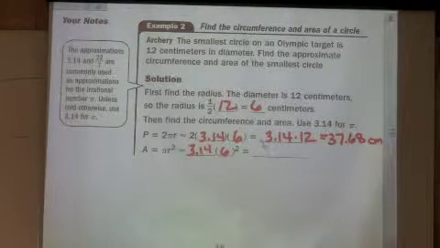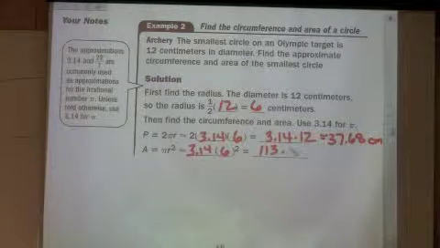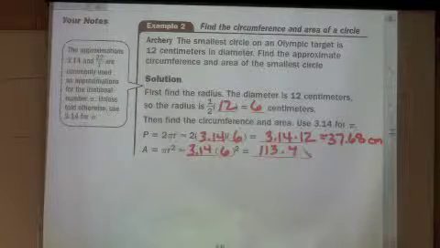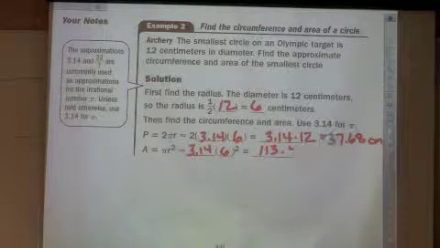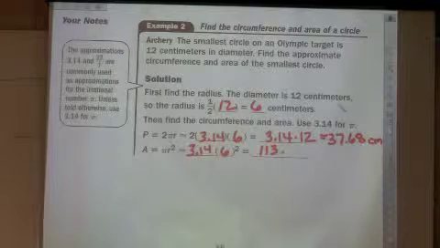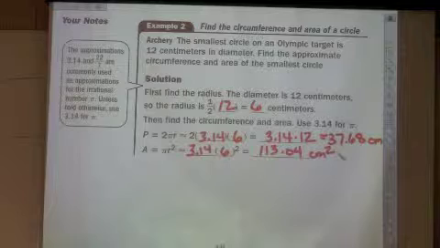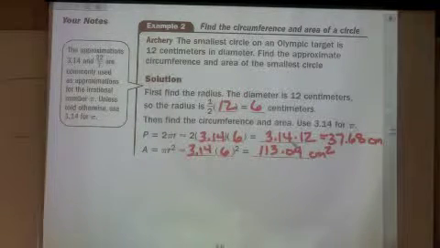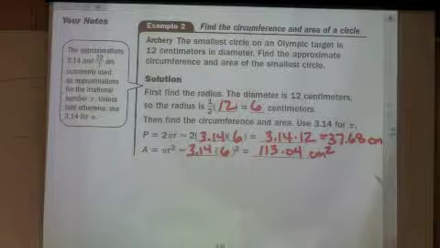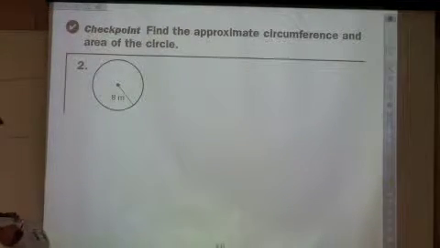Hager, what do you got? 113.04. And then what would your label be, Hager? Centimeters squared, or square centimeters. So it's literally how many little squares, a centimeter by a centimeter, would fit inside this circle. Very good.